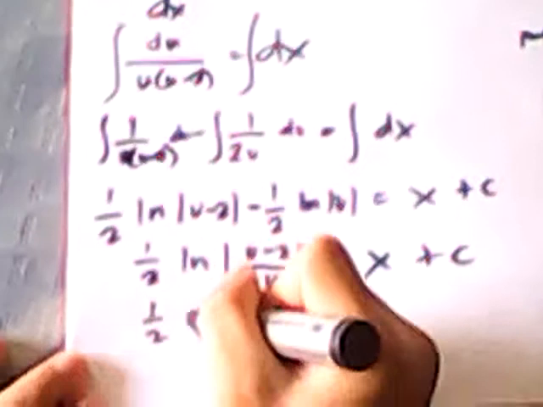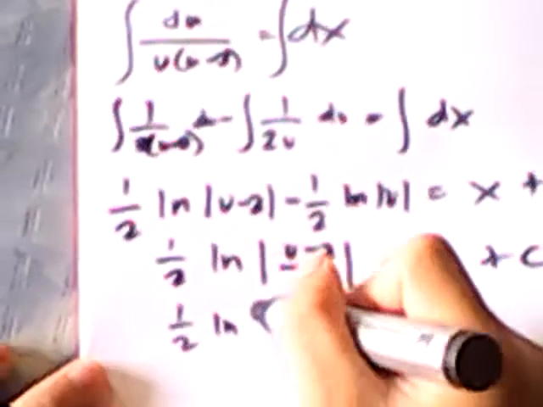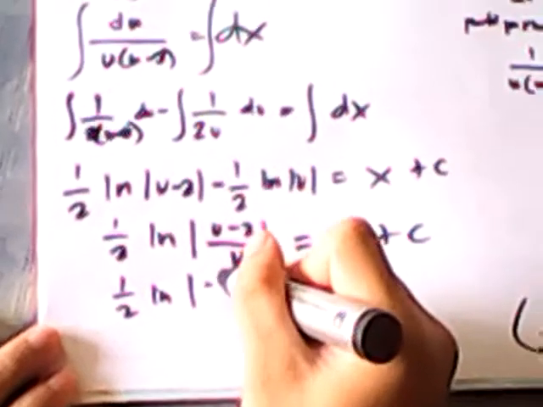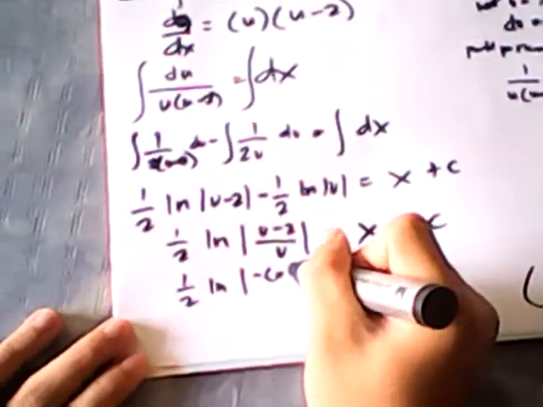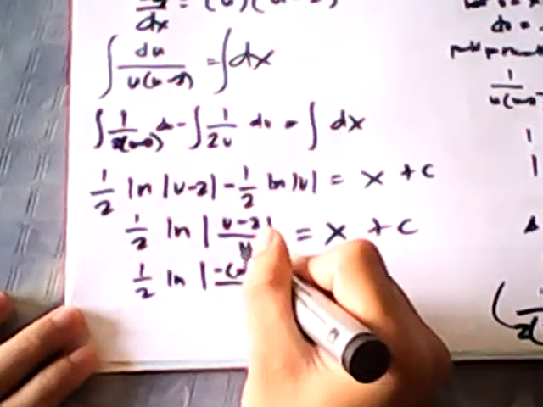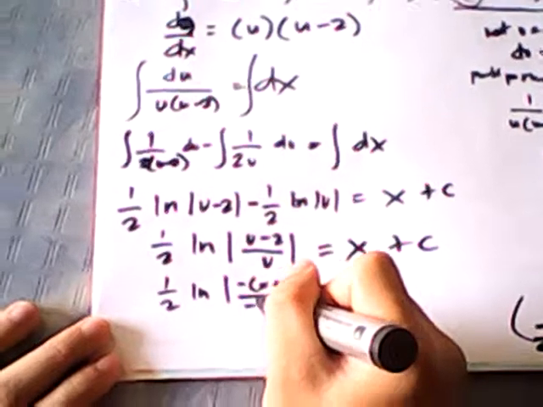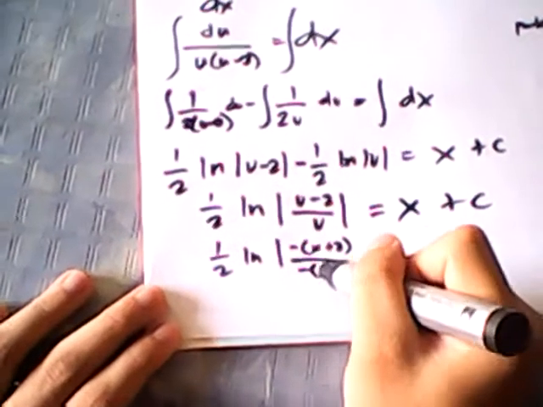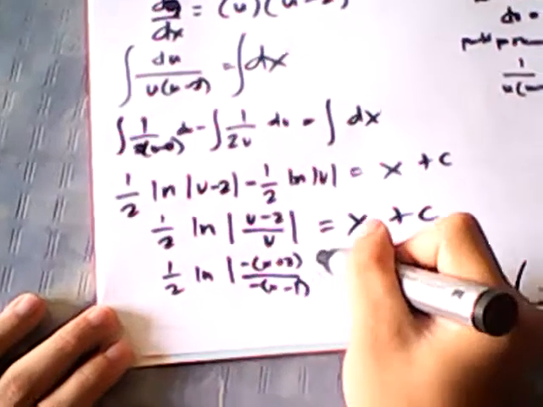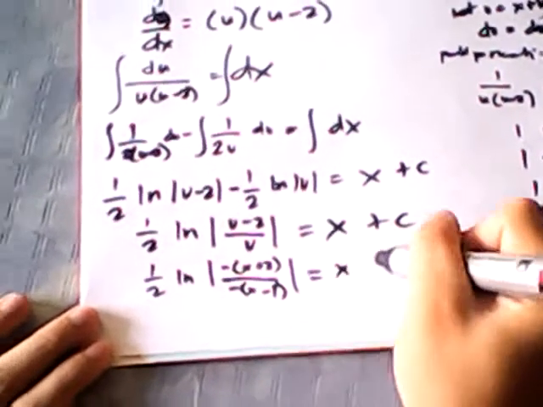By substituting it, you can get ln of negative x minus 1 over negative x plus 1 is equal to x plus c.